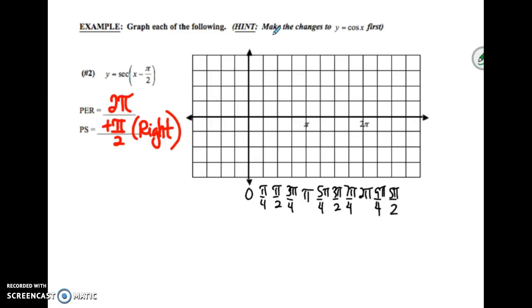Okay, so my picture frame is going to be shifting pi over 2 to the right. My amplitude's not changing, so I'm at -1 here and +1 here. It's just that my picture frame is now going to be at pi over 2 to 5 pi over 2 instead of 0 to 2 pi. That's my only change here for my y equals cosine of x minus pi over 2.